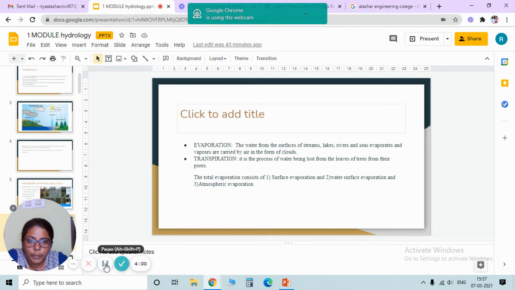As I said, evaporation means the water from the surface of streams or lakes or rivers gets evaporated as vapor and is carried by the air in the form of clouds. And transpiration is the process of water being lost from the leaves of the tree through their pores. So the total evaporation consists of water surface evaporation and atmospheric evaporation.